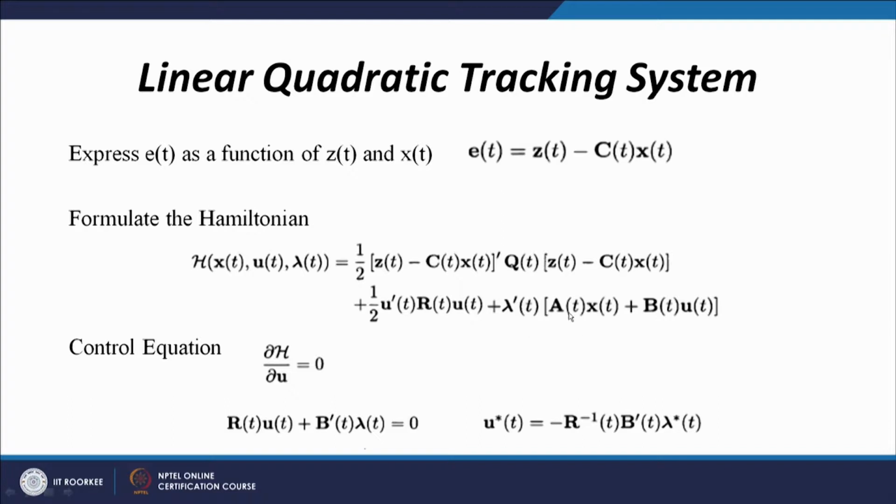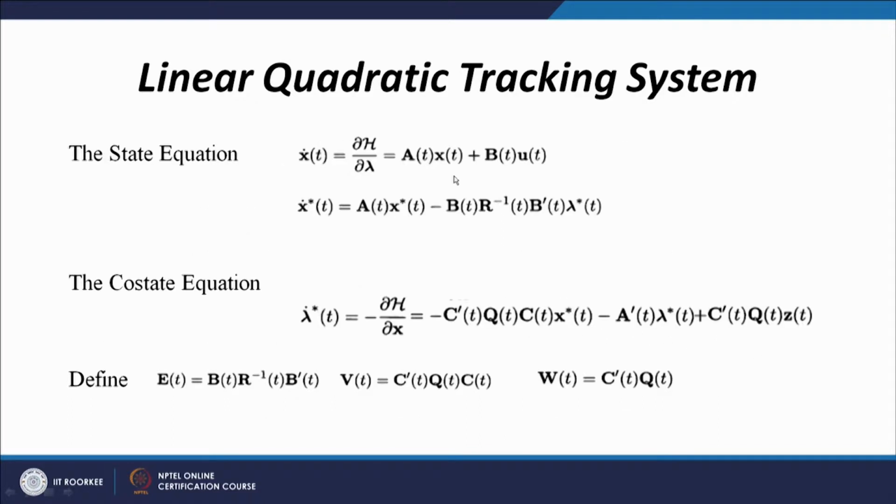So, if I differentiate this I will get nothing but A x plus B U. So, what we are getting is x dot t equal to A t x t plus B t u t, and U we have already derived. Minus B R inverse B prime lambda is nothing but my U. So, this state equation is nothing but giving me the optimal state if I am using the optimal value of the U.